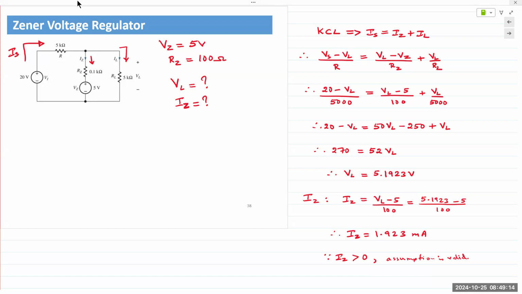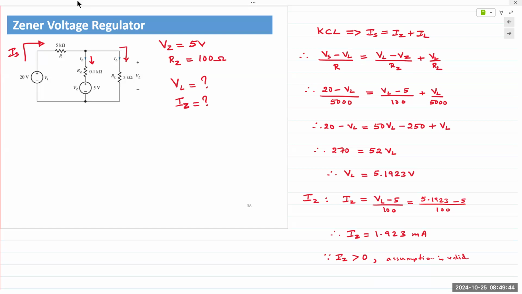So this is what we will simulate in the lab next week: Zener diode characteristics, and then load regulation, voltage regulator. Do the steps make sense? We have load line analysis, we have piecewise linear analysis, and then we have an application of voltage regulation.